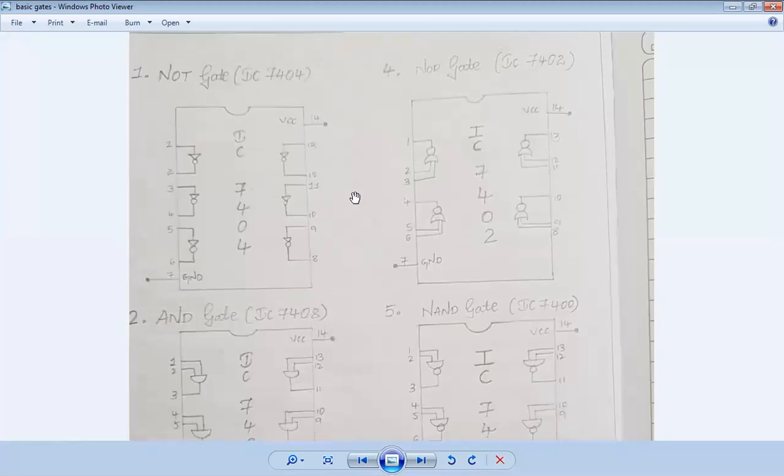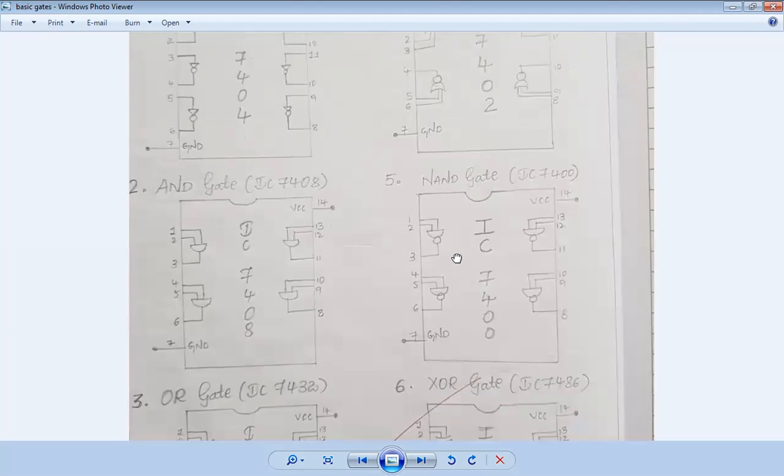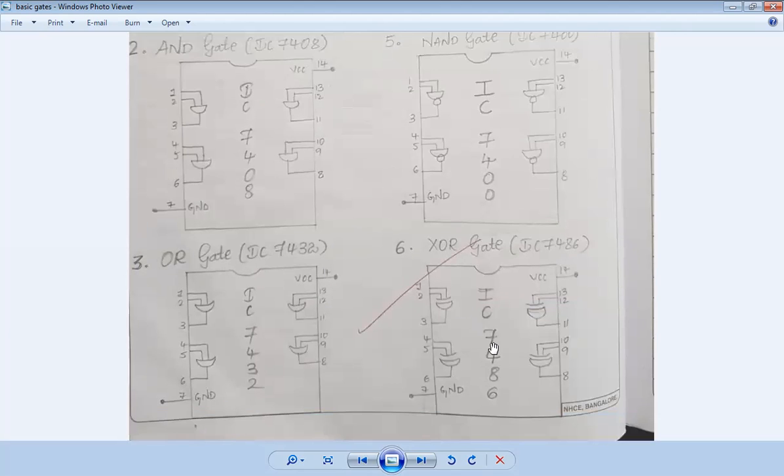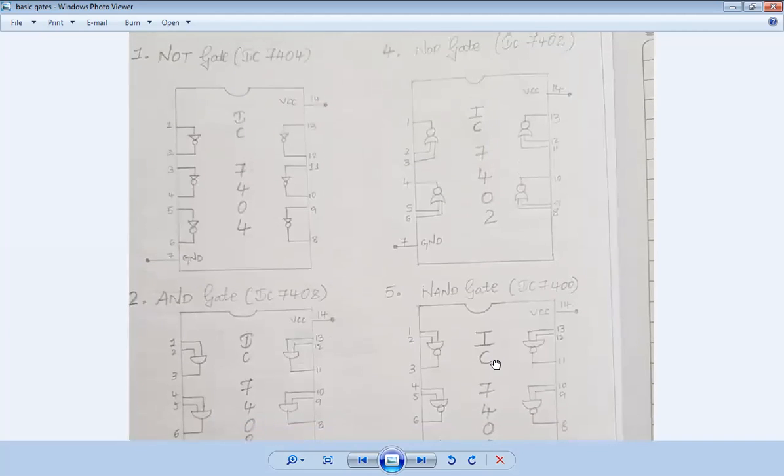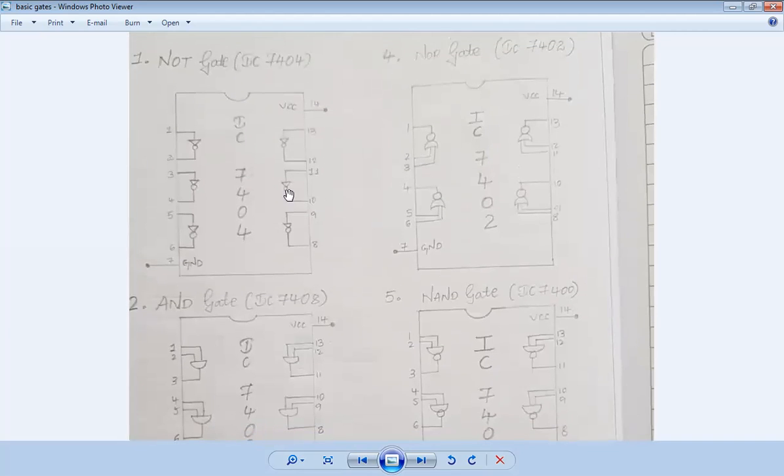Yes, sir. Okay. So for your NOT gate, it is 7404. And for your NOR gate, the IC number is 7402. Similarly for your AND gate, NAND gate, OR gate, XOR gate. These are the important gates we will be using for this experiment. Pin number 1 is your input and at pin number 2, I get my output. You cannot connect input at pin 2 and expect the output at pin 1.